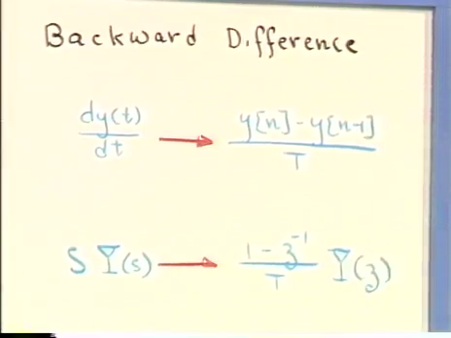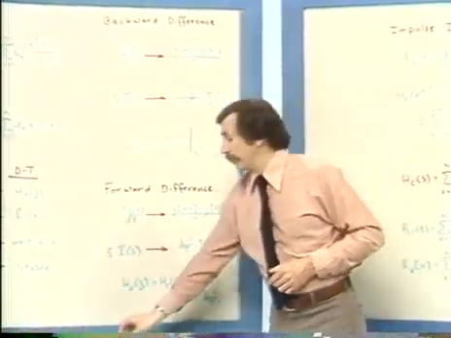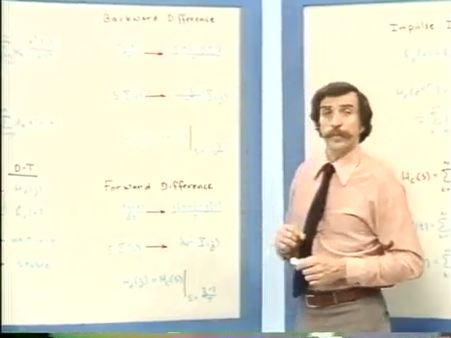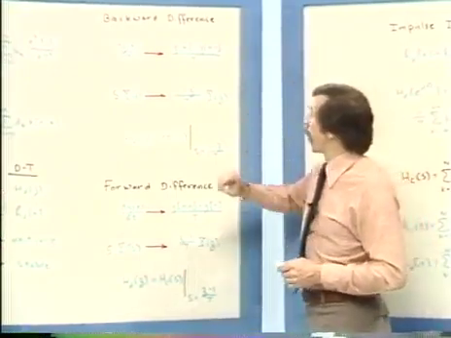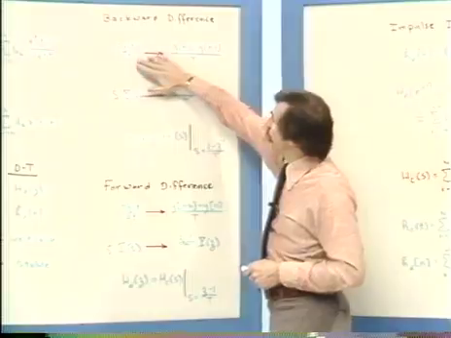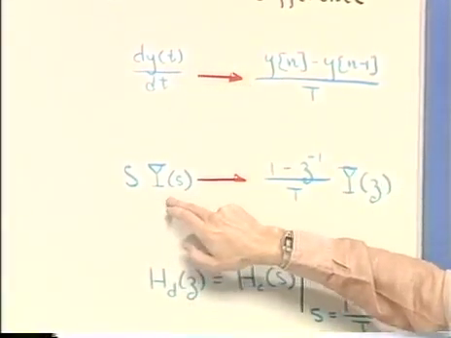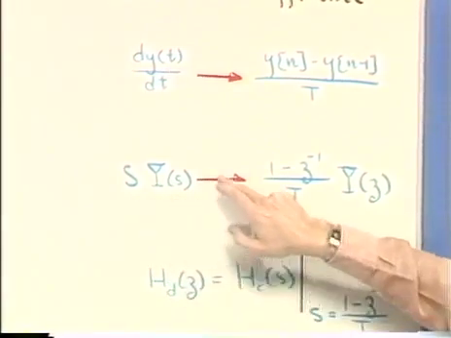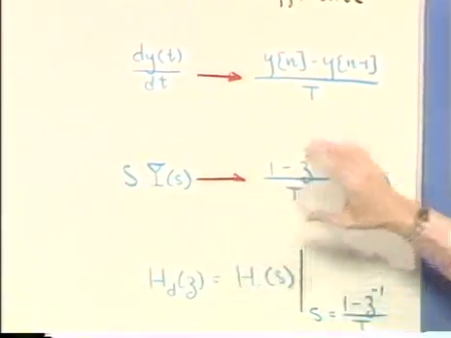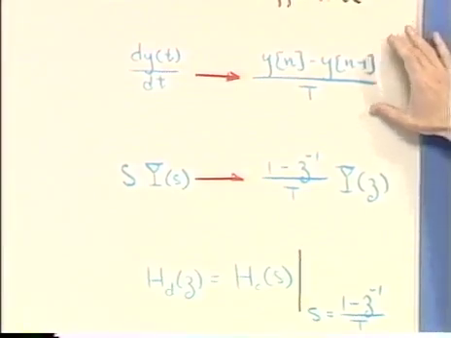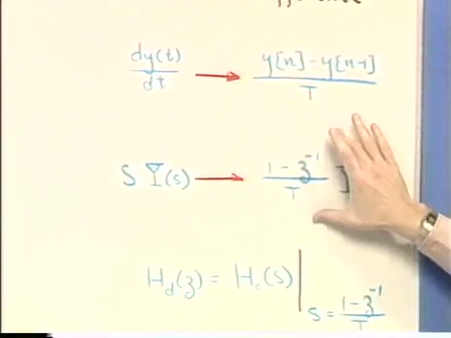Now, what we can use are the properties of the Laplace transform and the Z transform to see what this means in terms of a mapping. In particular, using the differentiation property for Laplace transforms, in the Laplace transform domain, we would have this. Using the properties for the Z transform, the expression would be this.